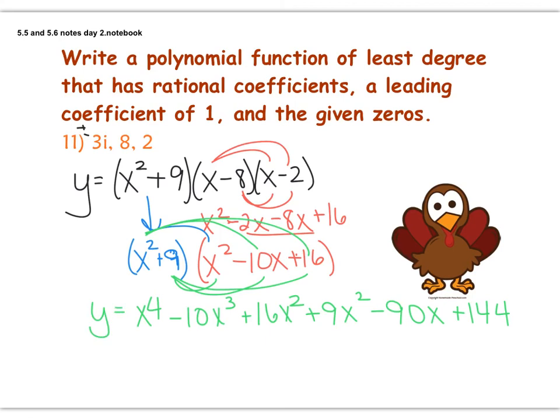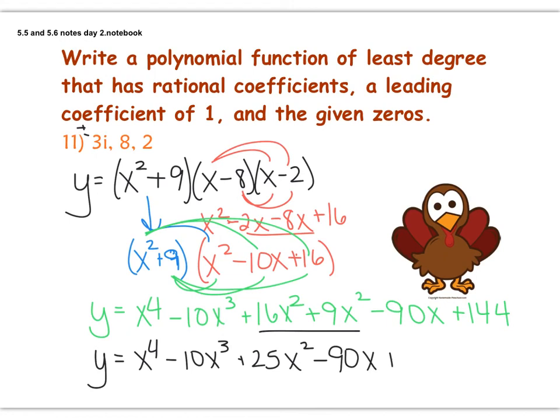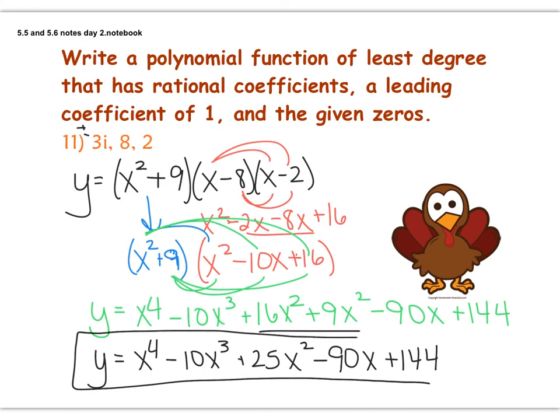And then we can put our like terms together. So y equals, let's see, we have an x to the fourth minus 10x cubed. And we have some squareds in there, so plus 25x squared minus 90x plus 144. All right. That is a doozy. Whew.